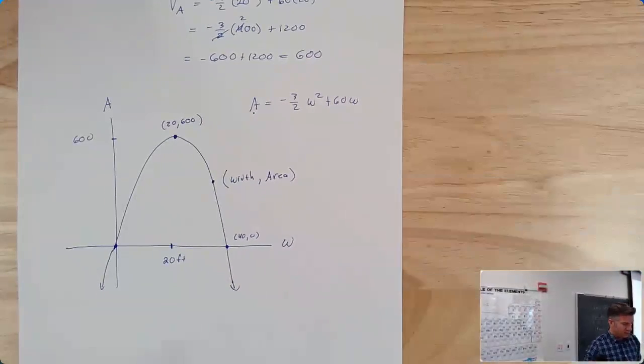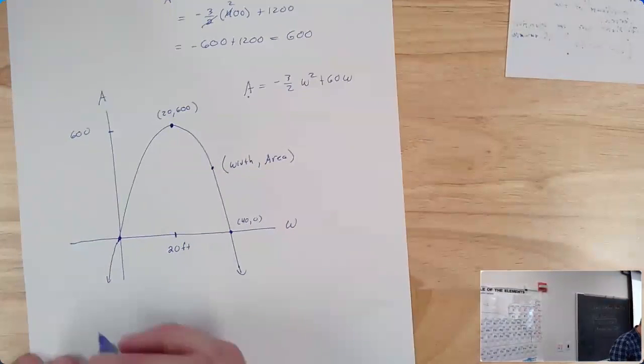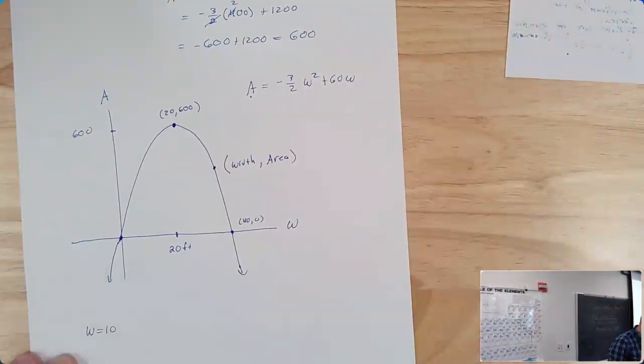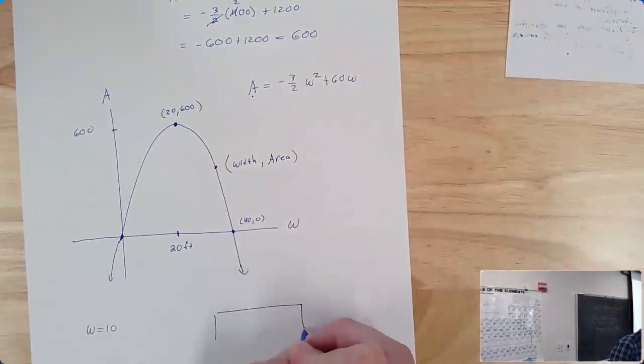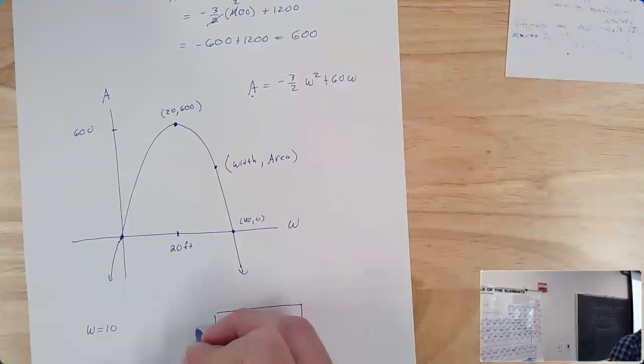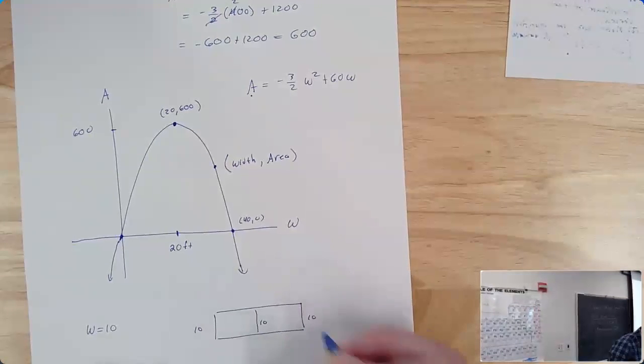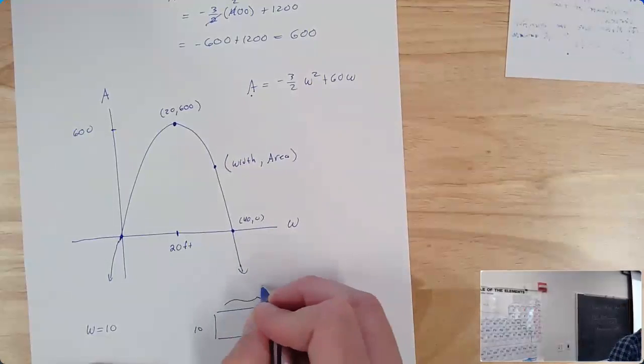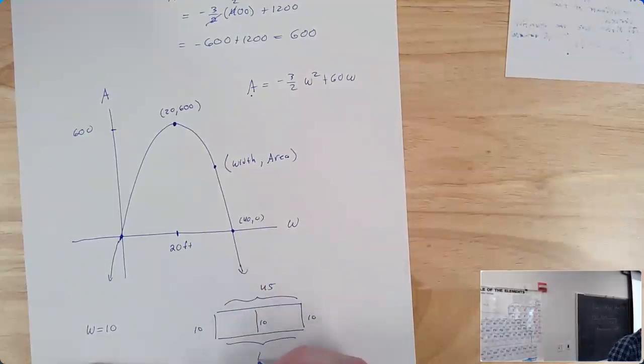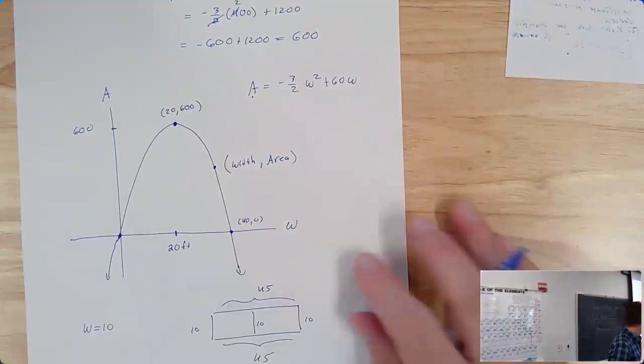So for example, just to pick a number out of the blue, if I said the width was 10 feet, I'd have something that looked like this. 10, 10, 10. I still have 90 feet left to use for the other side. So this is going to be a 45 and a 45. That adds up to 120.